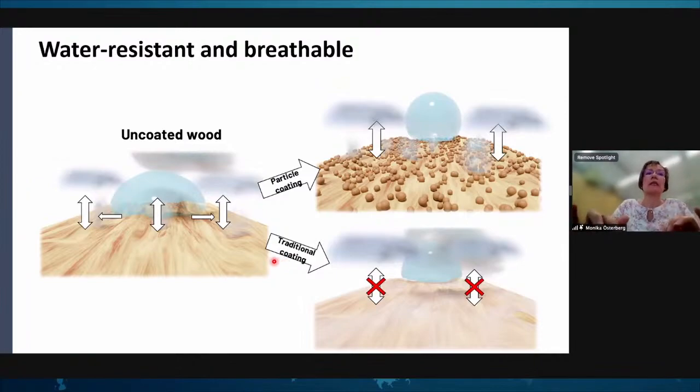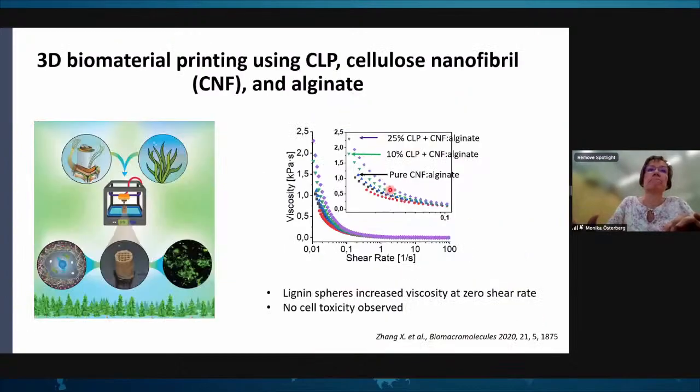But of course, the disadvantage is that it also absorbs liquid water, and this we want to avoid. So with traditional coating, we are avoiding both things. So yes, we can protect against water, but usually after painting or using lacquer, this wood is not moisture buffering anymore. But with a particulate coating, we can get both of these effects.